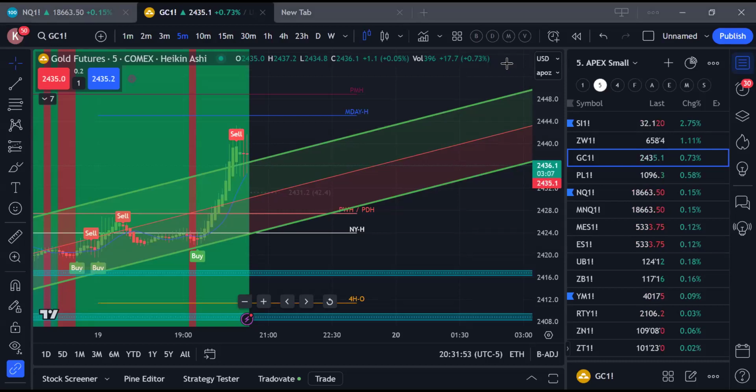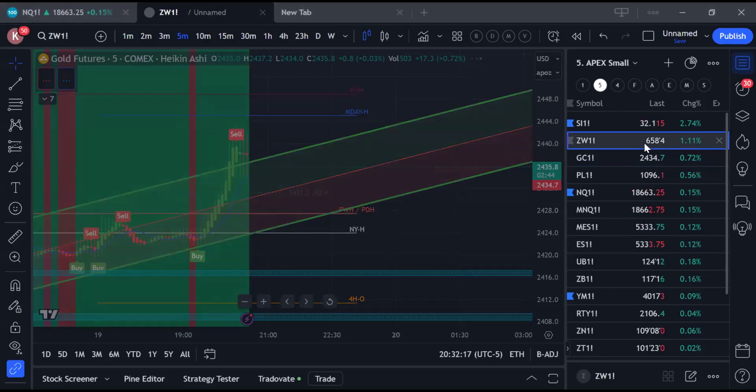Okay, India elections. You cannot trade stocks through TraderWeight or Rhythmic. For Apex TraderWeight, they are only for futures. No, I did not take a ZW short because it is overall very bullish.